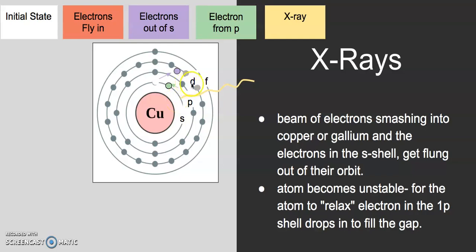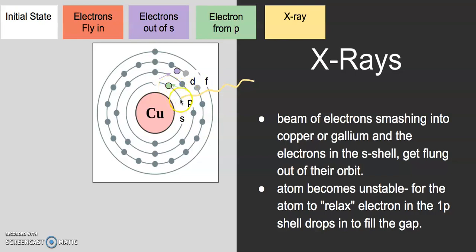of the copper atom. And so in our X-ray machine, you just have a stream of electrons going at a dense metal like copper or sometimes gallium. And this beam of electrons will eventually boot out an electron from this inner orbital, causing an electron to come to the inner orbital from the second orbital, from the p orbital.